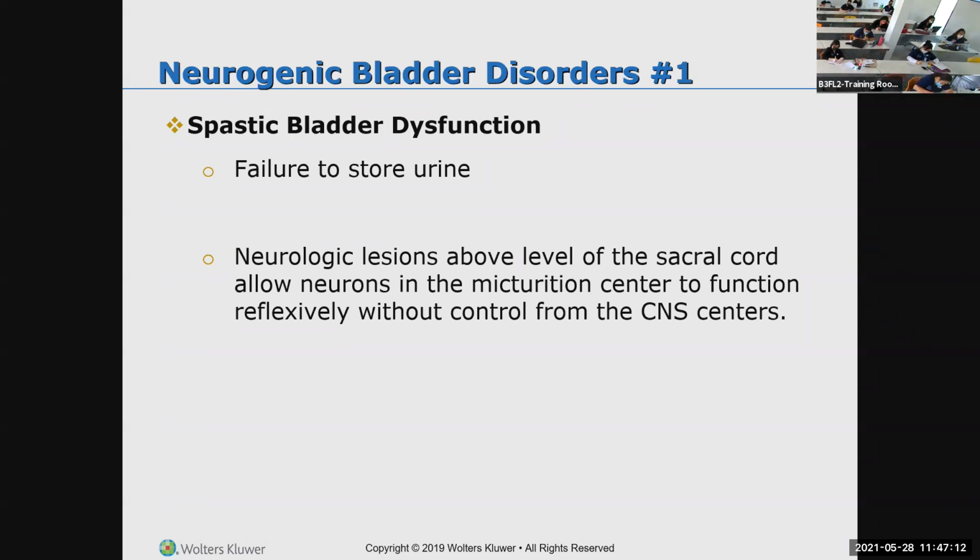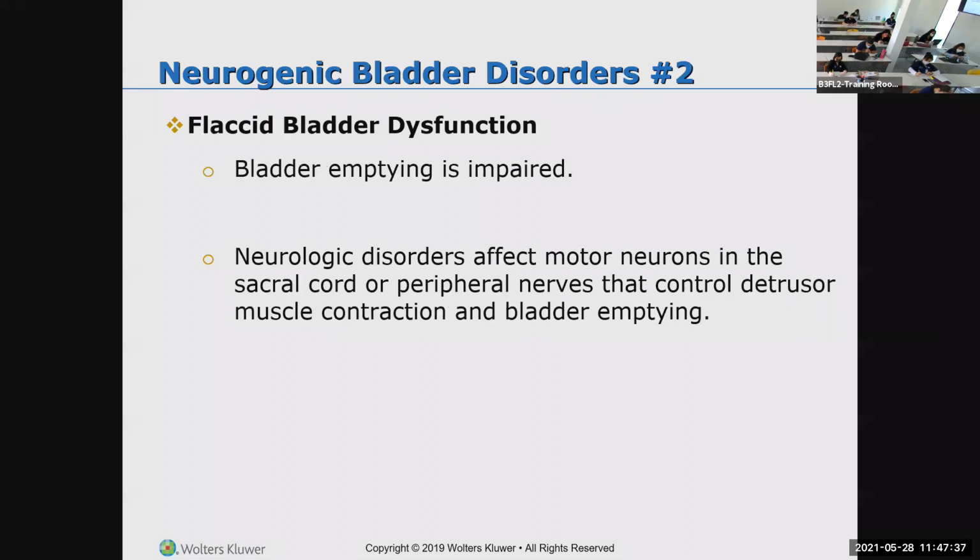Neurologic lesions above the level of the sacral cord allow neurons in the micturition centers to function reflexly without control from the CNS. So the detrusor muscle becomes contracted and is unable to relax. That was the one we just mentioned.